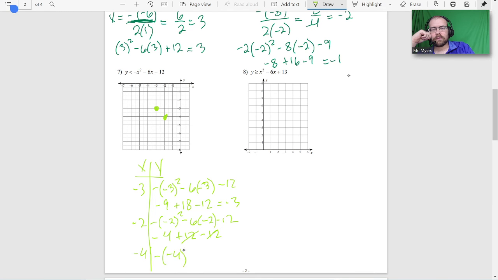Negative 4 squared minus 6 times negative 4 minus 12. That's negative 16. Positive 24. And negative 16 and negative 12 make negative 28, plus 24 equals negative 4. Negative 4, negative 4.